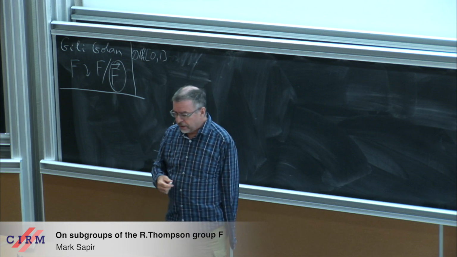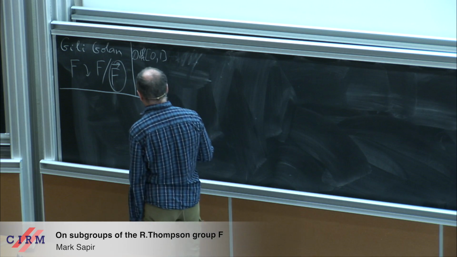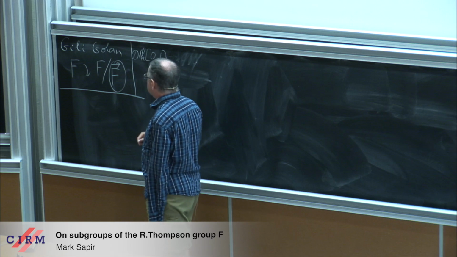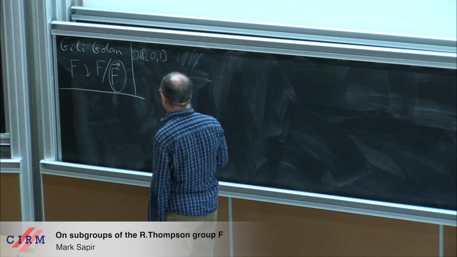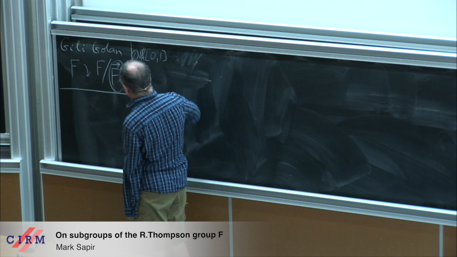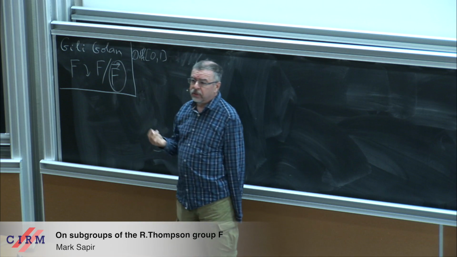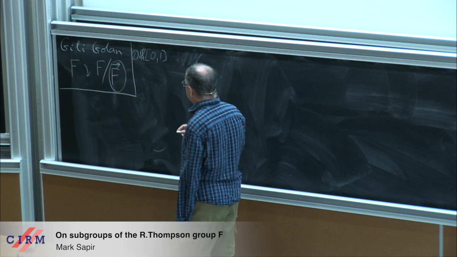There are several, and the most important for this talk is the representation by diagrams, which we did with Victor Guba 20 years ago. This group is generated by 2 pictures. Let me draw these pictures.